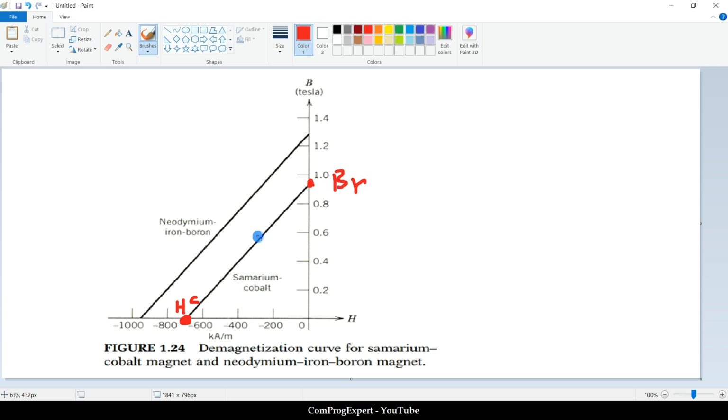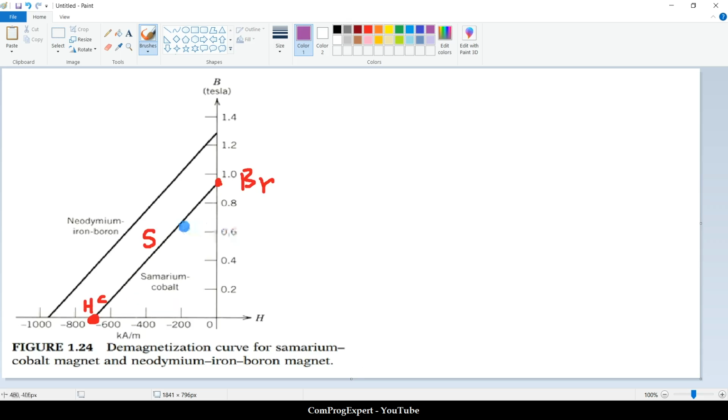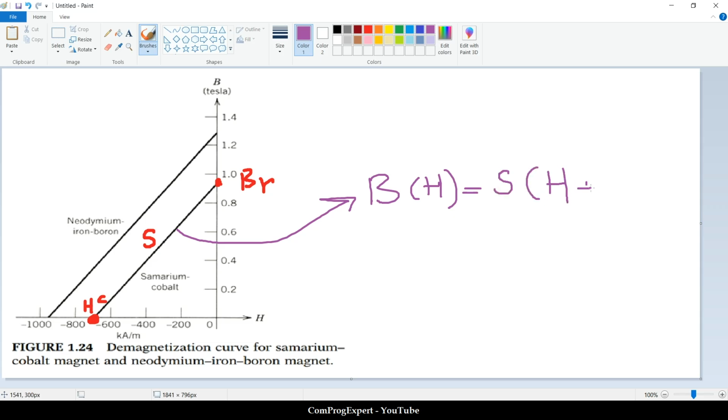So if we have the slope of this line, what will be the equation of this line? B as a function of H is equal to the slope times H plus HC.